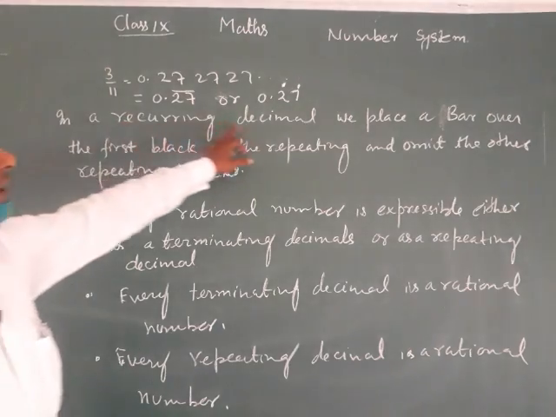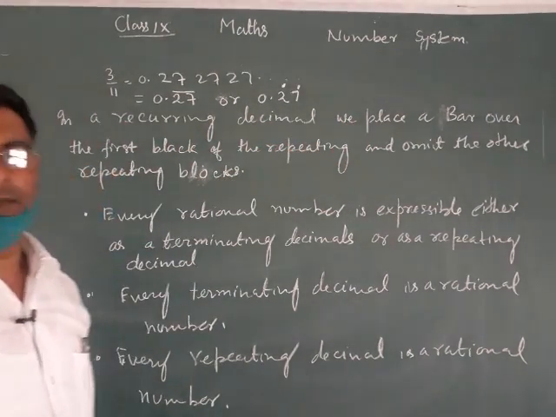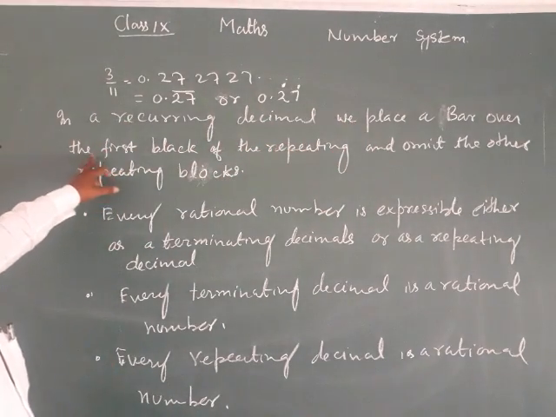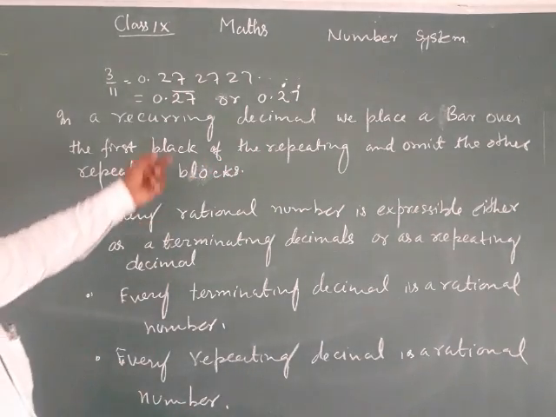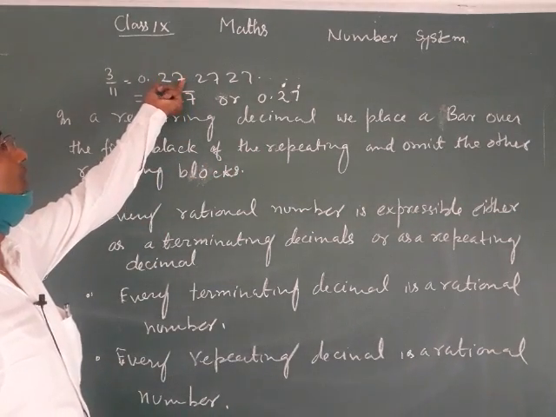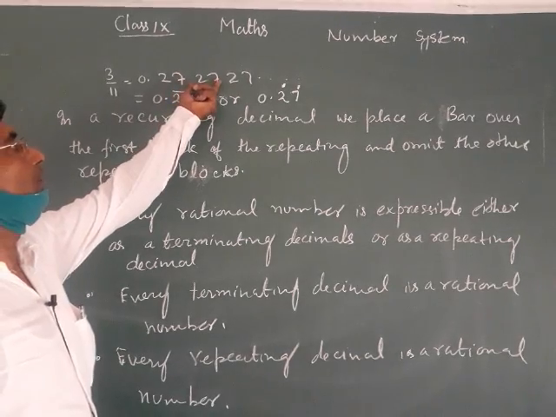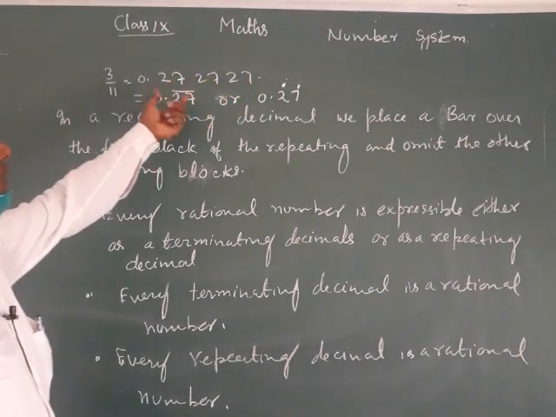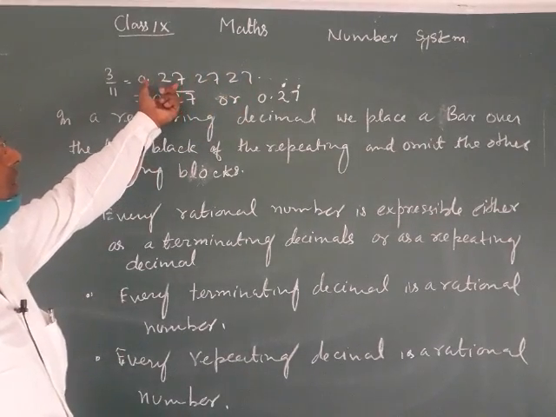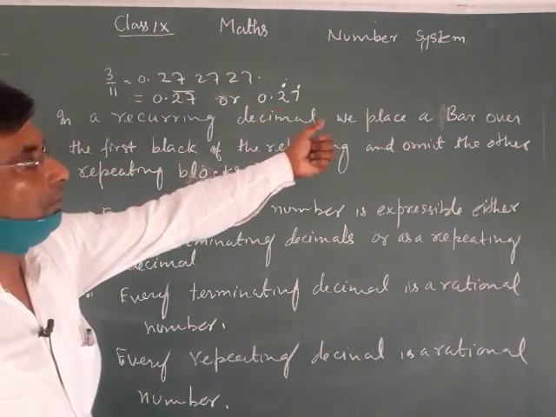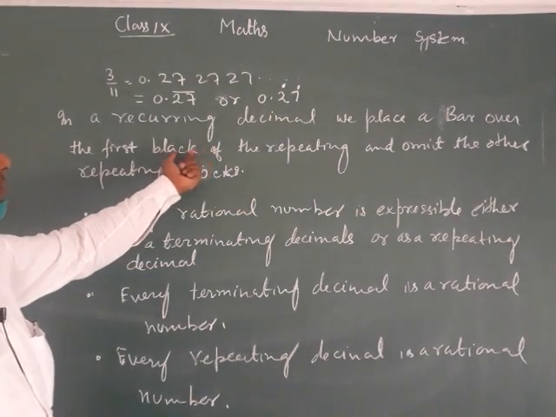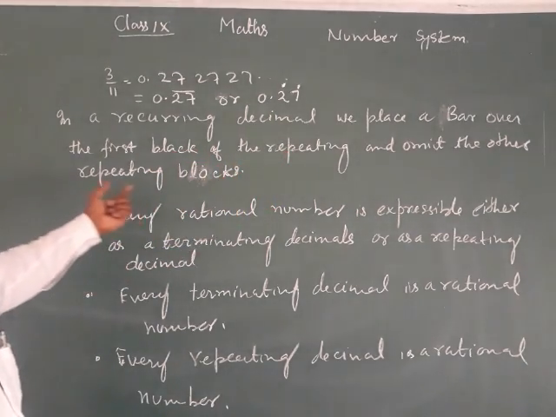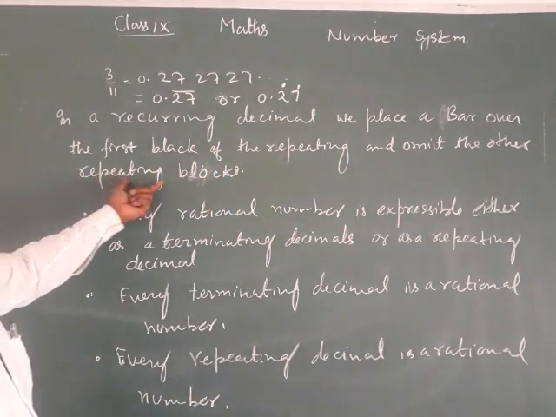In a recurring decimal, we place a bar over the first block of the repeating digits; the second block, third block are repeating. So over the digits 27 we put a bar to show the first repeating block, and omit the other repeating blocks.